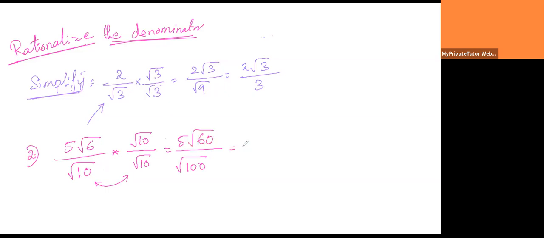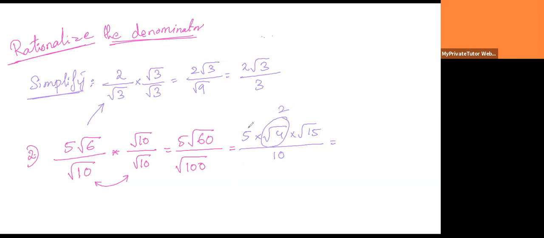Then simplify. I think 60 is divisible by 4. So 5 times square root 4 times square root 15 divided by, what is the value of square root of 100? 10. And then simplify the numerator. Square root of 4 is nothing but 2, right?